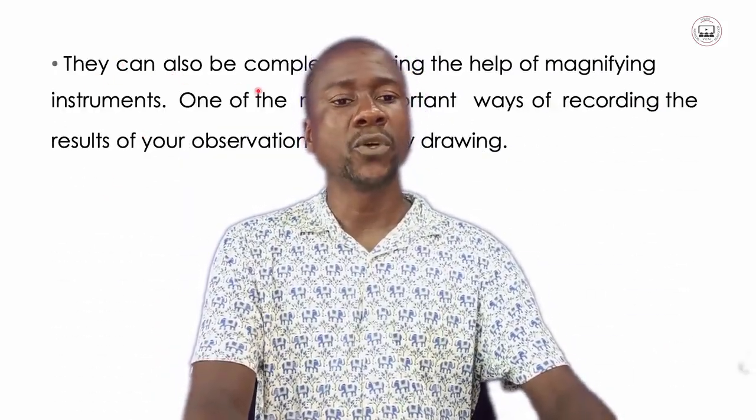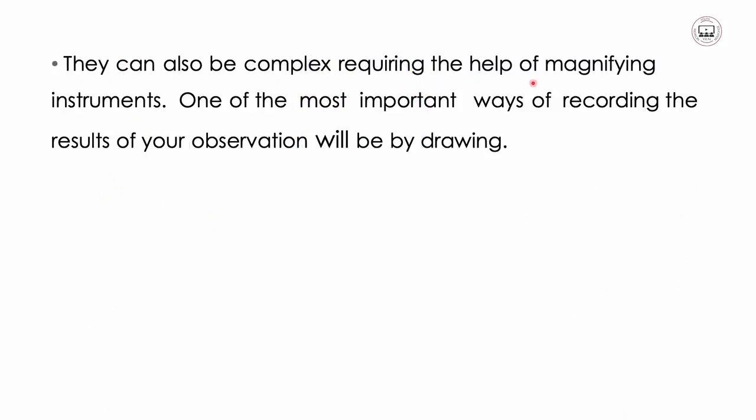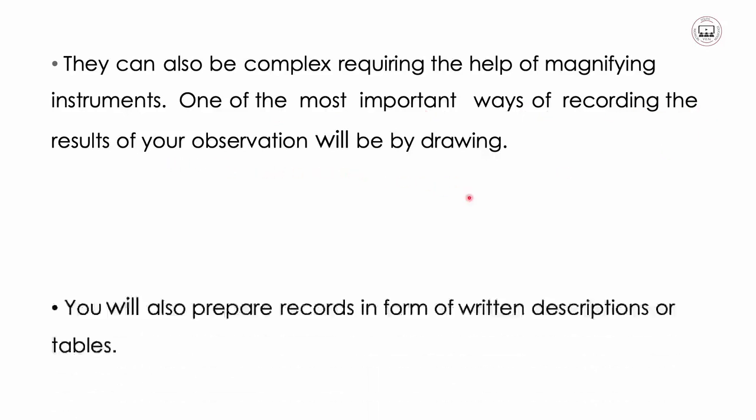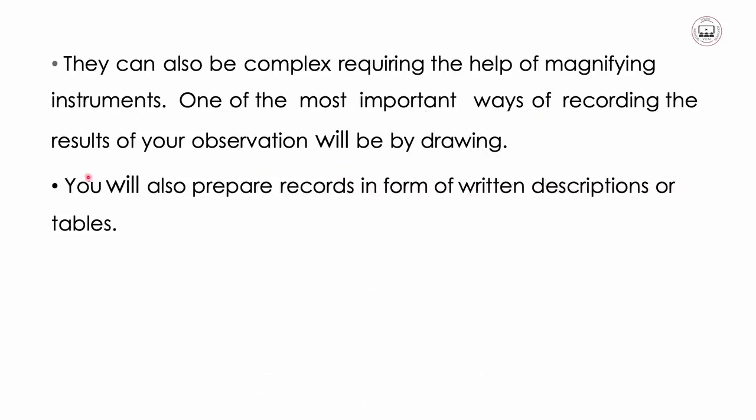They can also be complex, requiring the help of magnifying instruments. One of the most important ways of recording the results of your observation will be by drawing. You will also prepare records in the form of written descriptions or tables.